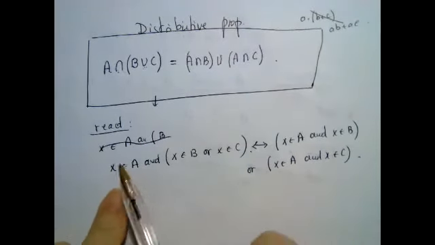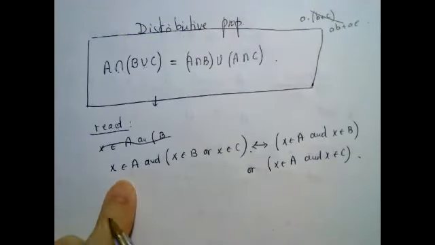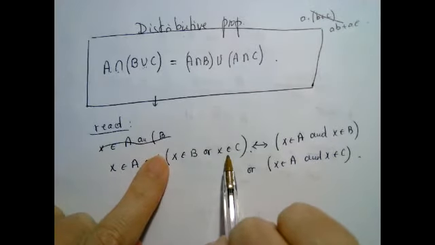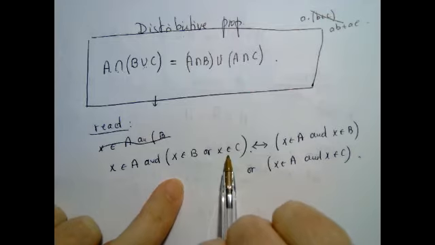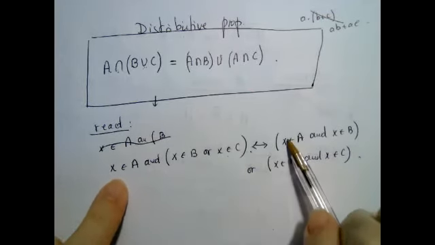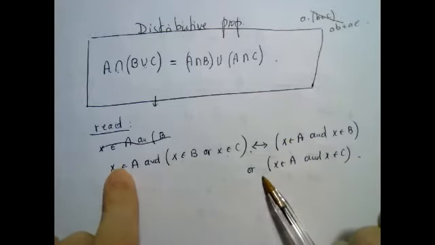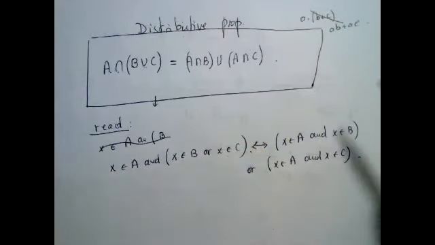What does the distributive property tell me? If X is in A, so I know where it is, it's either in B or in C. It means my X is in A and B, or in A and C. That's what the distributive property is telling us.